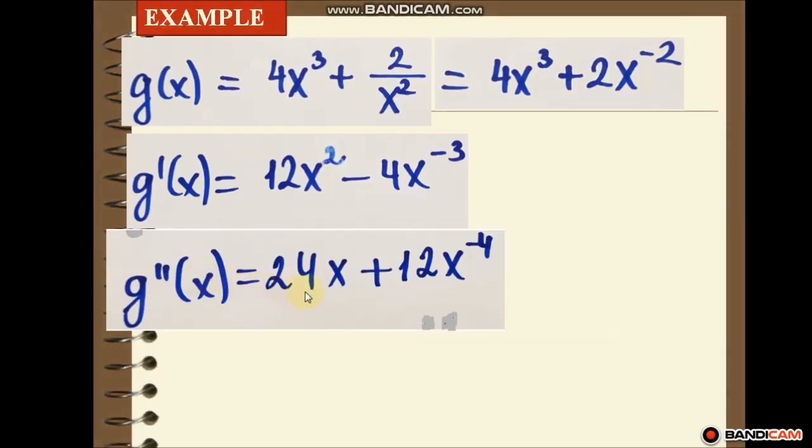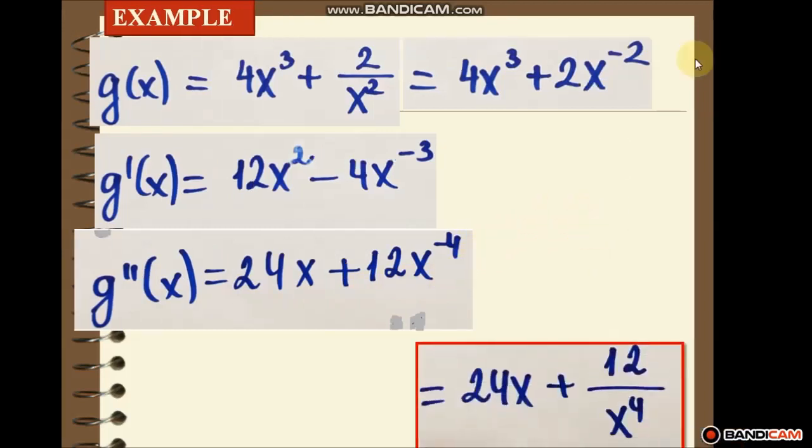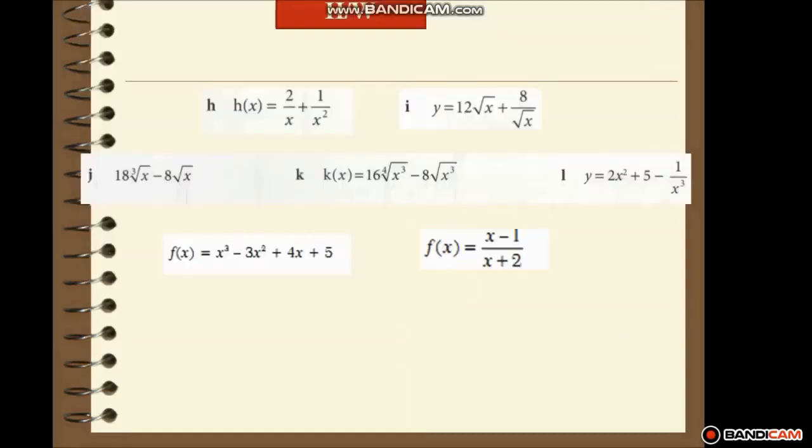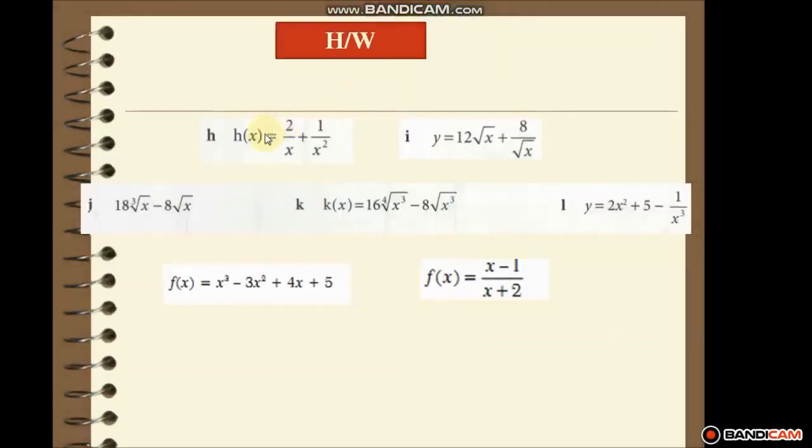The second derivative is 24x plus 12x to the power of minus 4. And our result will be 24x plus 12 over x to the power of 4. And these examples are your homework, you can check yourself.